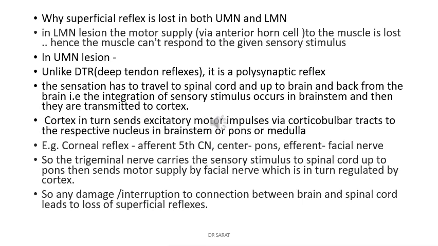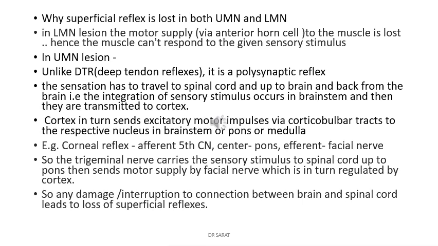In upper motor neuron lesion, the specialty of the superficial reflex is that it is a polysynaptic reflex. That means it has different synapses up to the brain from its origin, one in the spinal cord and then in the brain. Deep tendon reflexes are usually monosynaptic, but here it is polysynaptic. The sensation has to travel to the spinal cord, then the brainstem and to the cortex.